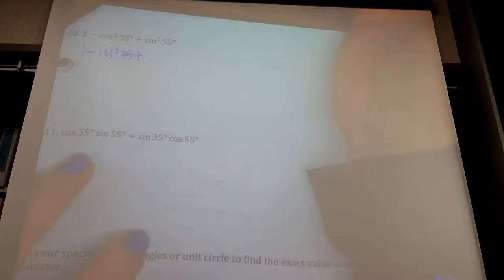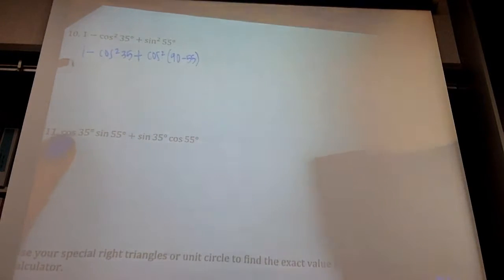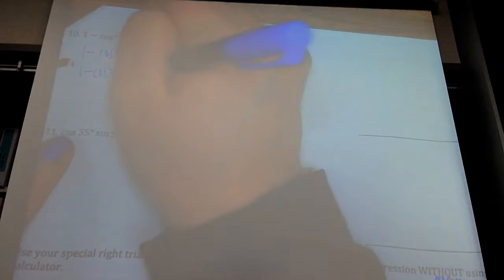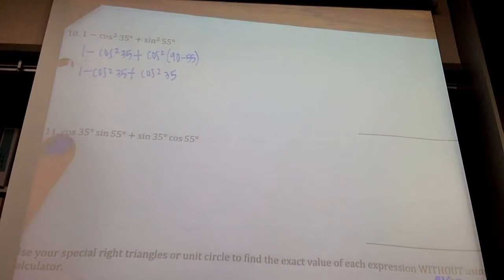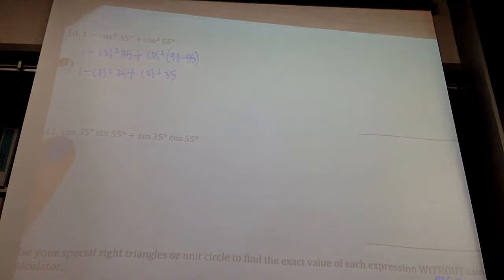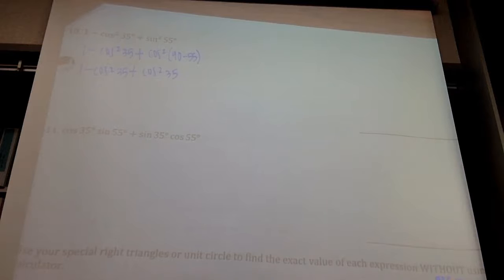Remember, sine goes to cosine. And 90 minus 55, thank goodness, works out to be 35.